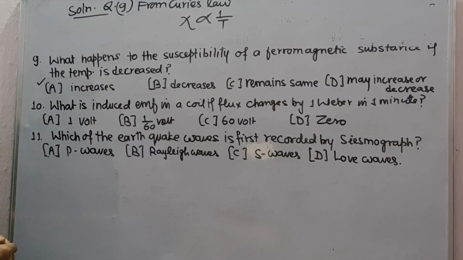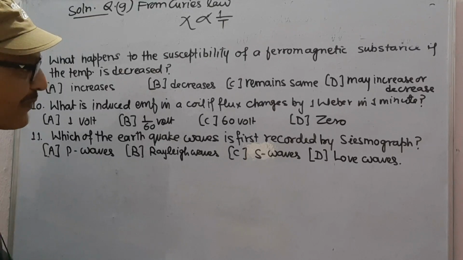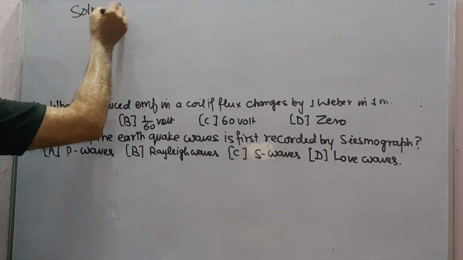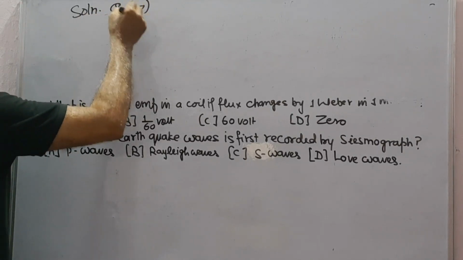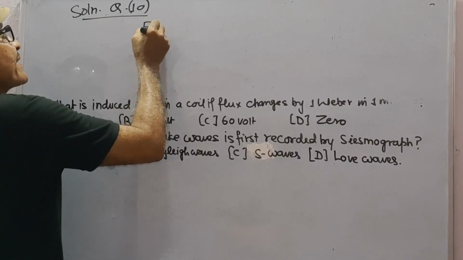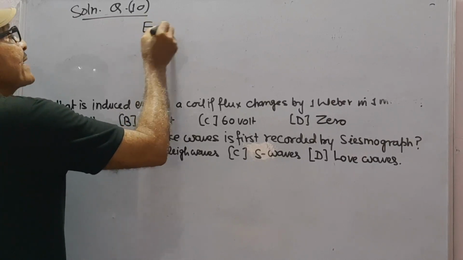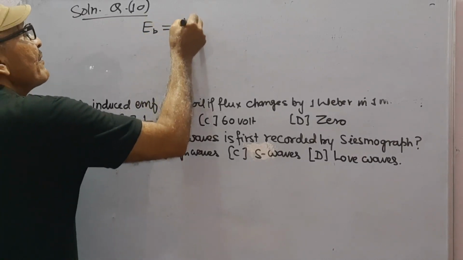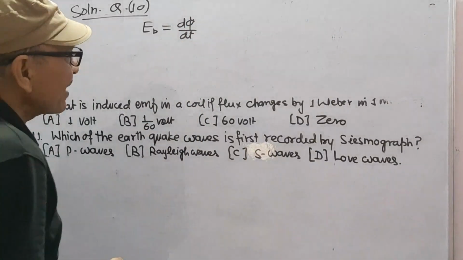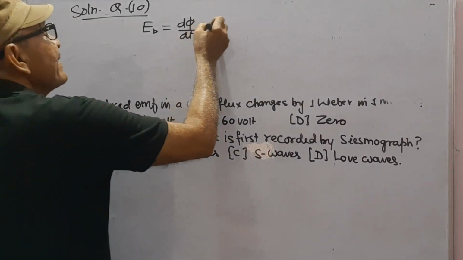Question number 10. What is induced EMF in a coil if the flux changes by 1 Weber in 1 minute? Solution to question 10. Induced back EMF is given by the relation E back is equal to d phi upon dt, where d phi is the change in magnetic flux and dt is time taken.